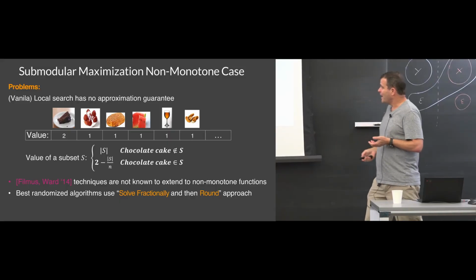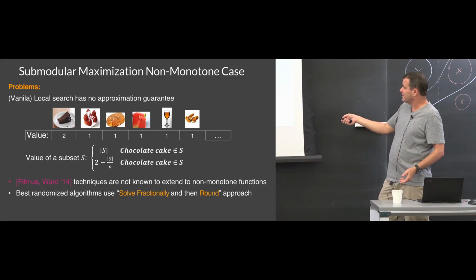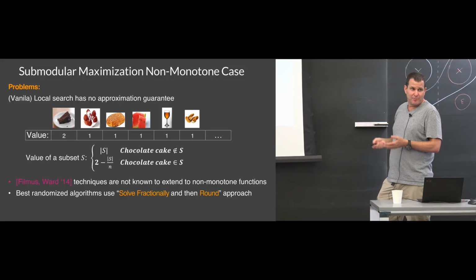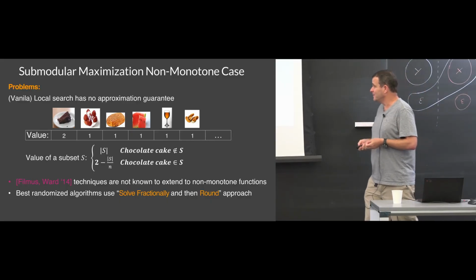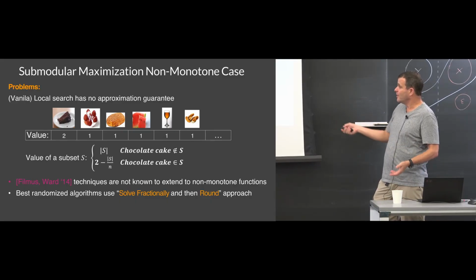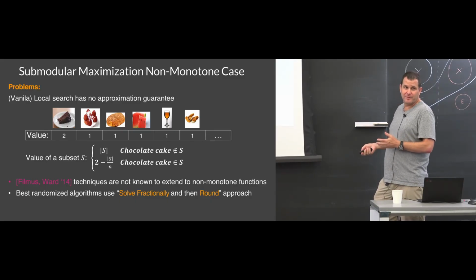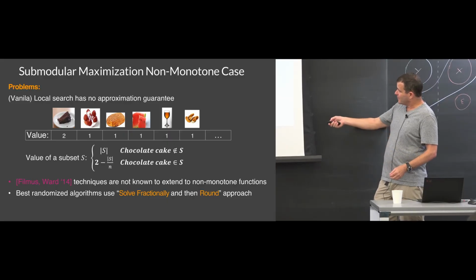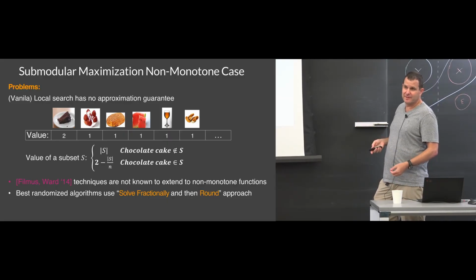Also, at least I don't know how to extend the technique of Filmus and Ward to non-monotone functions. Maybe it's possible, but I don't know. I will be happy if this is possible. And the best randomized algorithms for this non-monotone case work in a framework that we call solve fractionally and round, that is used frequently. And I will tell you about these ideas.